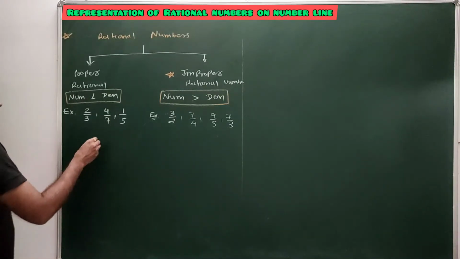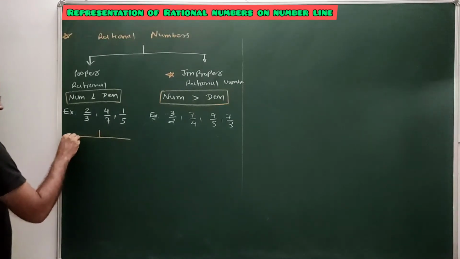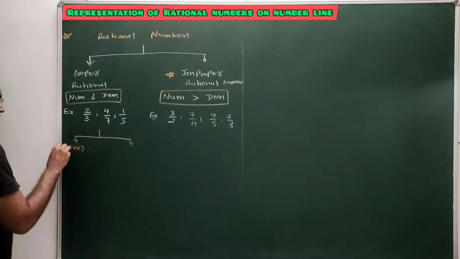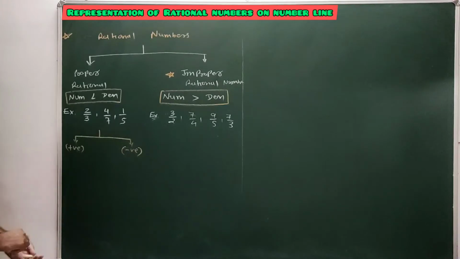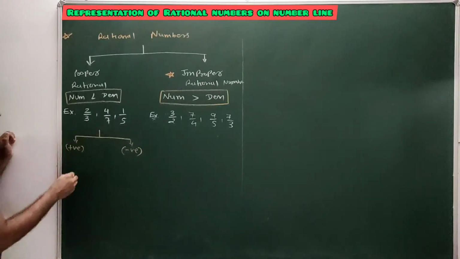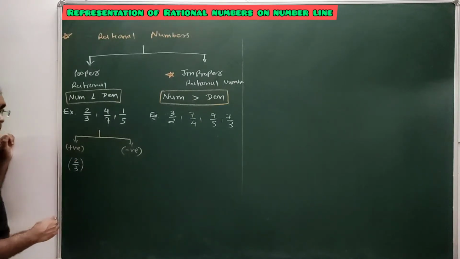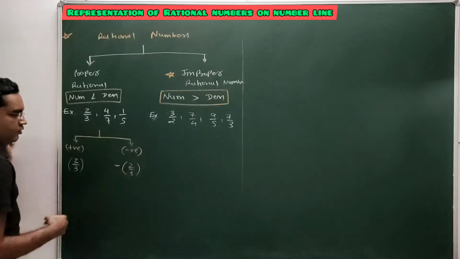If we talk about the proper rational numbers, these proper rational numbers may be positive, or sometimes the negative sign is also there. For the positive case, it may be 2 by 3, but the sign may be negative, so it's minus 2 by 3.